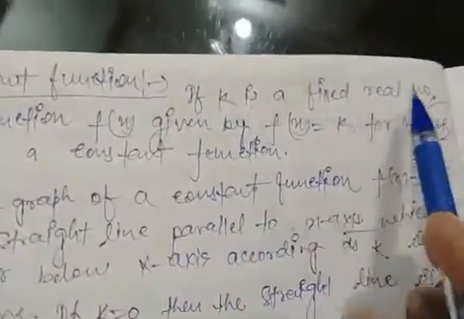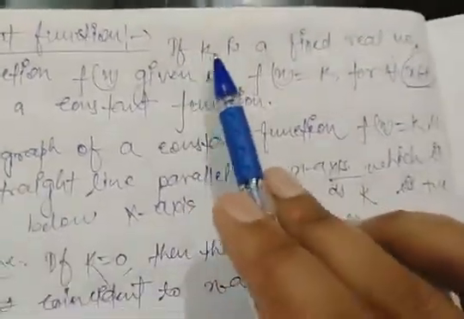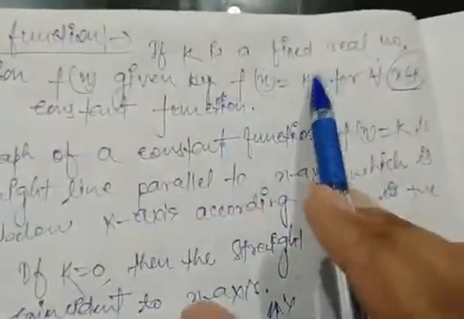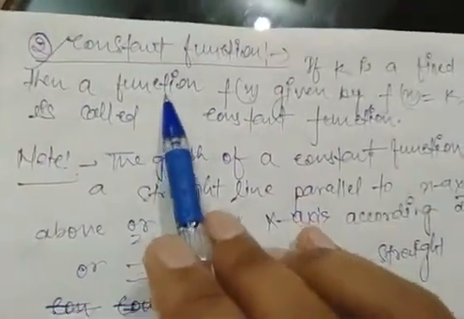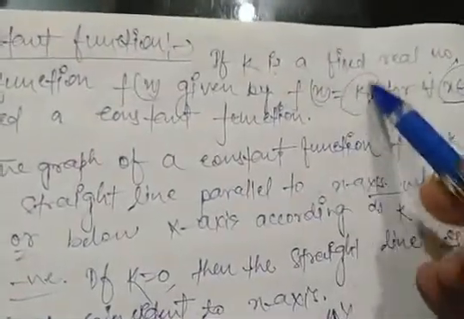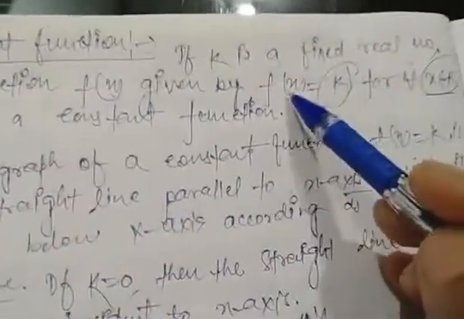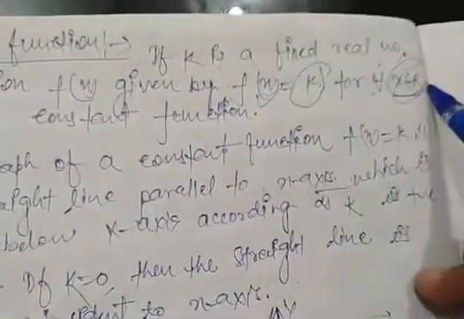Suppose k is a fixed real number, then a function f of x given by f(x) = k for any value of x, where x belongs to the real numbers.